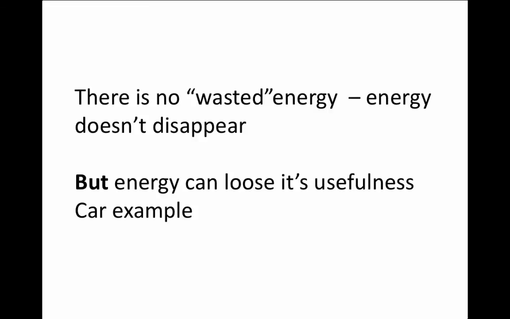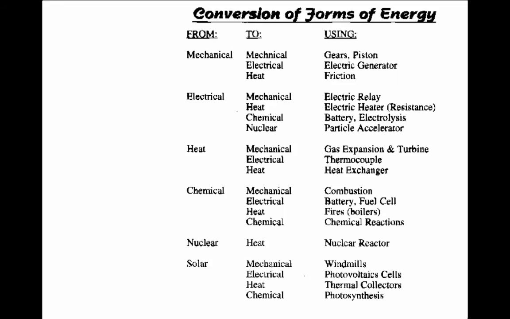That's what I'm talking about by usefulness. That gasoline was a highly orderly, useful form of energy, and I've converted it into forms that I can no longer use in the same way. This is a very mysterious and fundamental property of energy that affects everything you do every day. And we'll talk more about that tomorrow when we talk about the laws of thermodynamics.